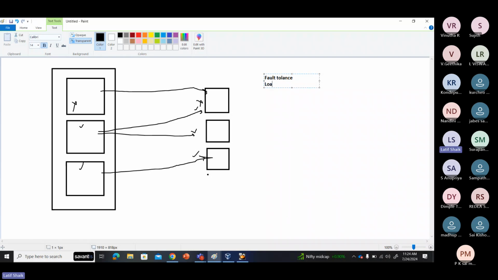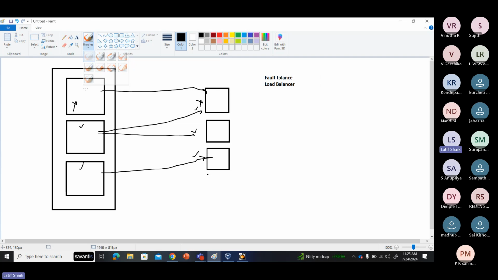Next one is load balancer. Different types of load balancers are there, but the common word is load balance. As I said, if you keep a single server and multiple requests come, one single server cannot process them. So when you configure the load balancer in the cluster, the incoming load requests to the servers will be shared with the other servers.